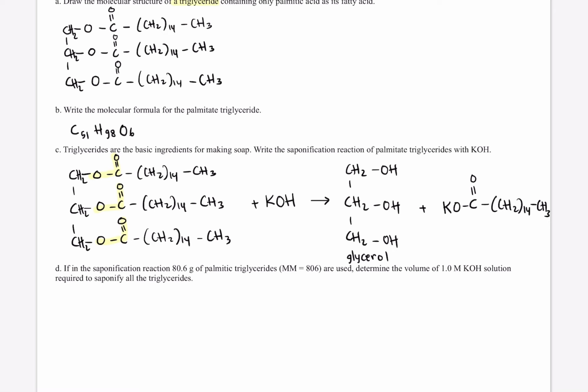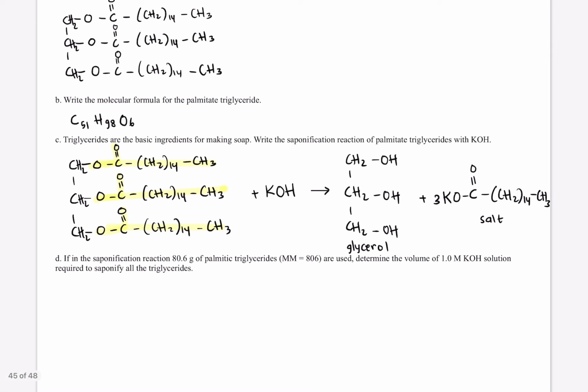So this is basically a salt. And we have 3 because it comes from 1, 2, and 3. So this is the salt of palmitate. This is the potassium salt of palmitate, or potassium palmitate. I can also write that down.